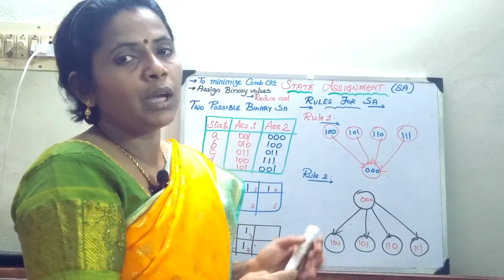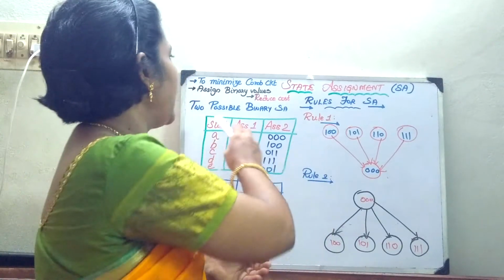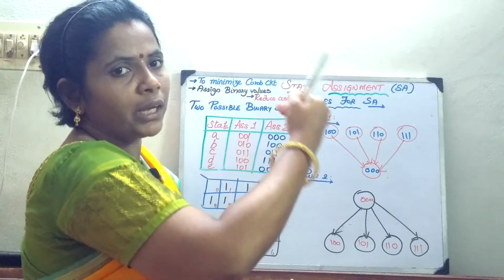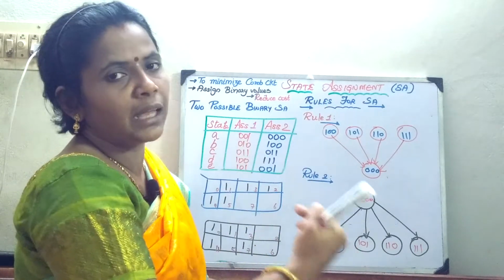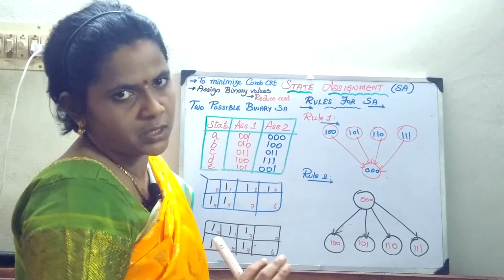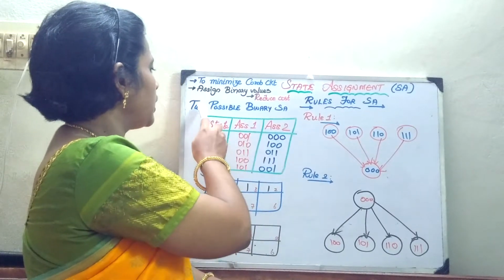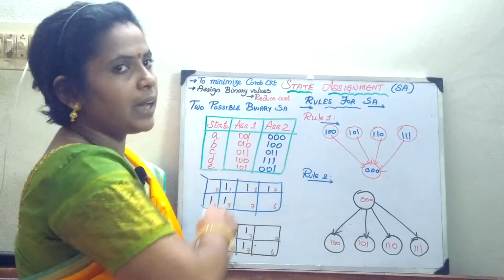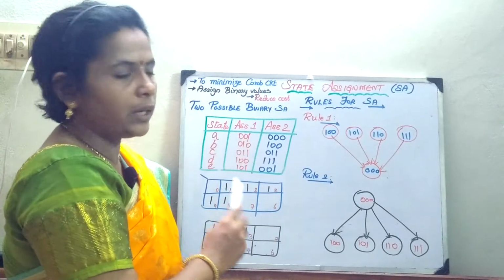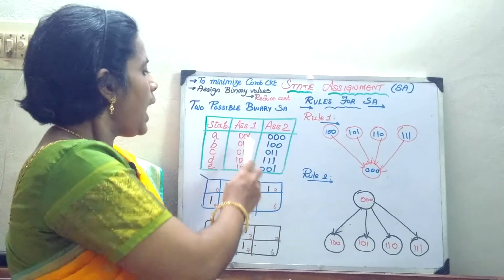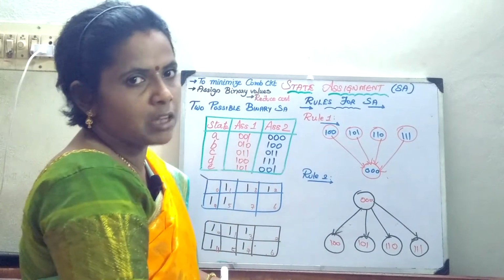By assigning suitable binary values, we are going to reduce the number of gates, thereby reducing the cost. Here a table is given which gives two possible binary state assignments. I have considered 5 states A, B, C, D, E, and 2 types of assignments have been given.